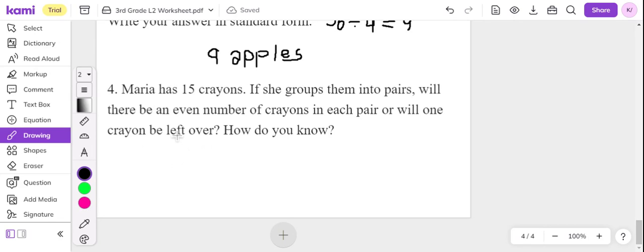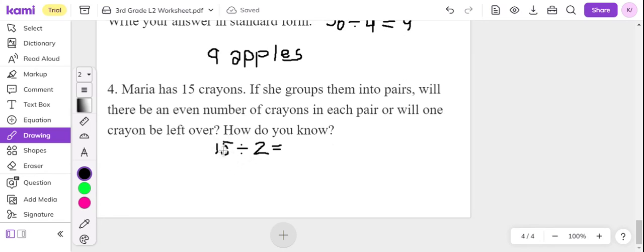we can try 15 divided by 2. And if we think back to our times tables, we know that 2 times 6 equals 12, and 2 times 7 is 14, and then 2 times 8 is 16.